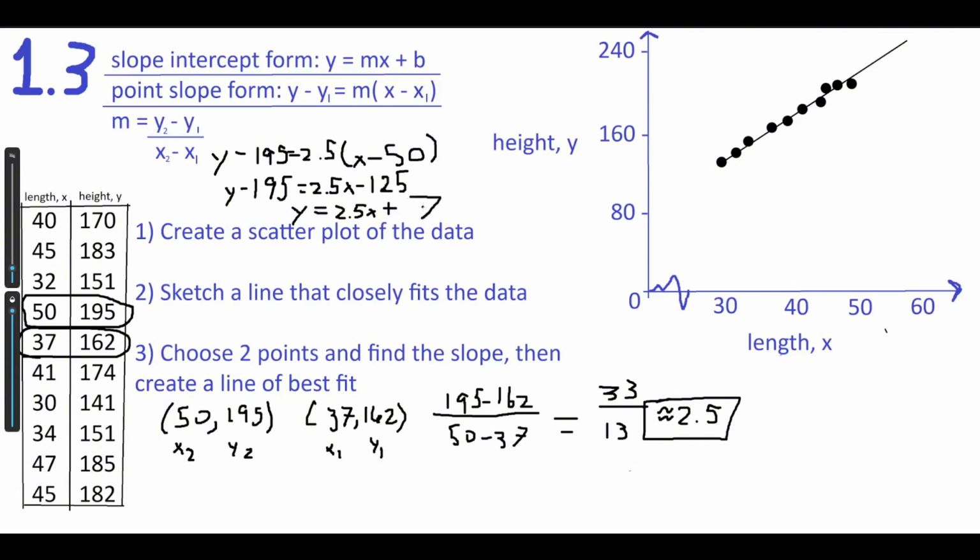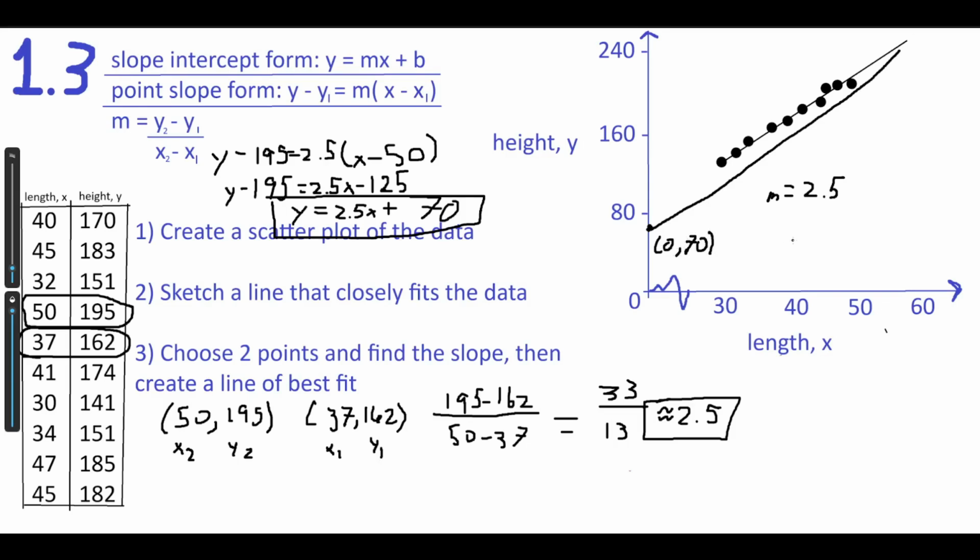So we get 70. So what do we do with that? We would go here at roughly 70 and then draw our line. This is not exact. And with a slope of 2.5. And here, this is 0, 70.